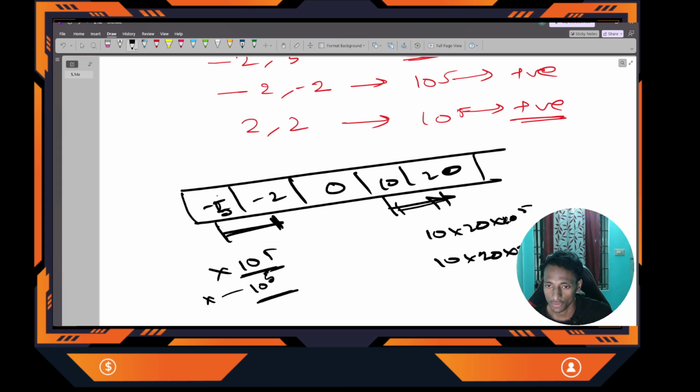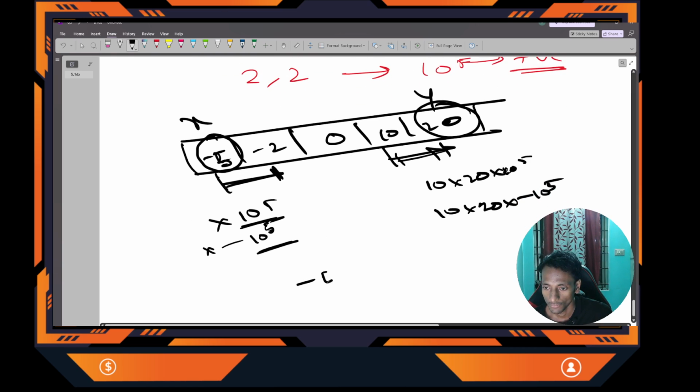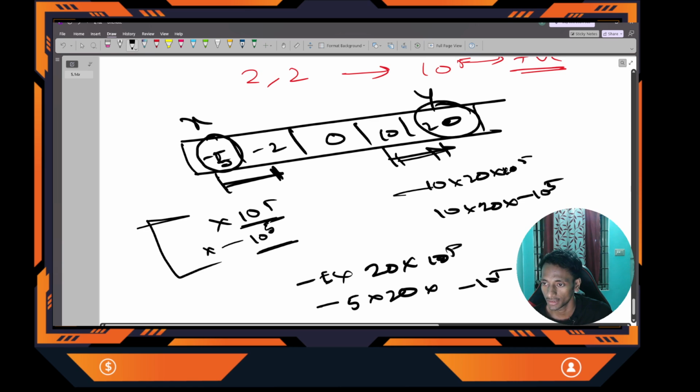Clear? Next, one possible combination is x from here and y from here. So -5 into 20 into 10 to the 5, and -5 into 20 into -10 to the 5. So you have to check all the combinations and take the maximum value out of all of these. Got it? Clear the logic?